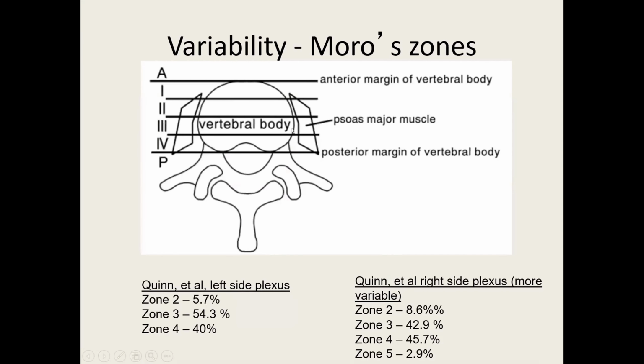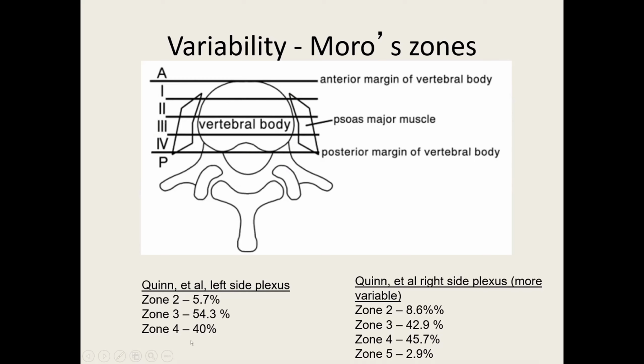Basically, two authors have divided the body into Moro zones 1, 2, 3, 4. Zones 1 and 2 are safe to work in, and zone 3 has the psoas muscle with the lumbosacral plexus. Most of the time, zones 3 and 4 have the lumbosacral plexus 90% of the time, and it differs between right and left.